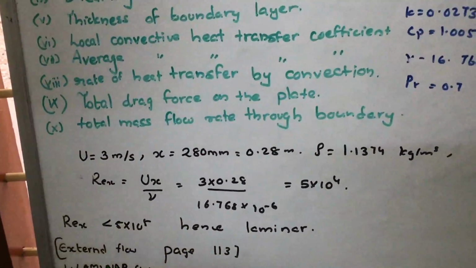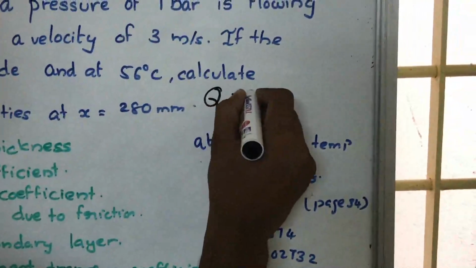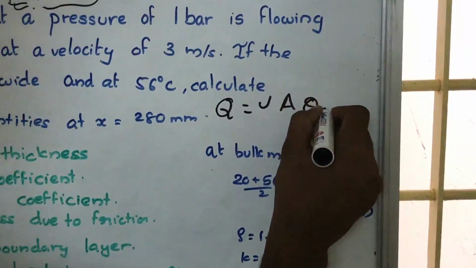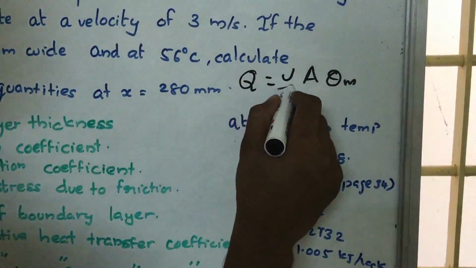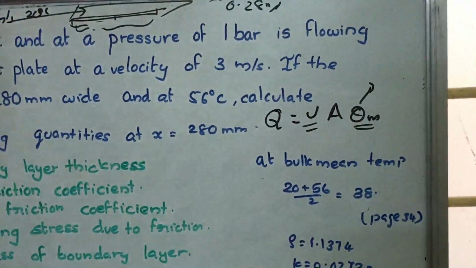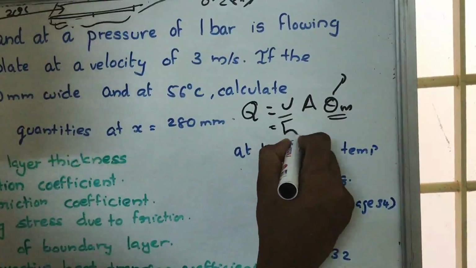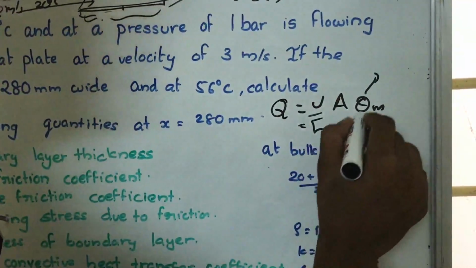Then the next question is rate of heat transfer by convection. So we have already stated that if we are having the overall heat transfer coefficient, Q is equal to U A theta m. If it is overall heat transfer, this theta m is logarithmic mean temperature difference. But if this were heat transfer coefficient, not overall, but heat transfer coefficient H, then H into A into theta m.